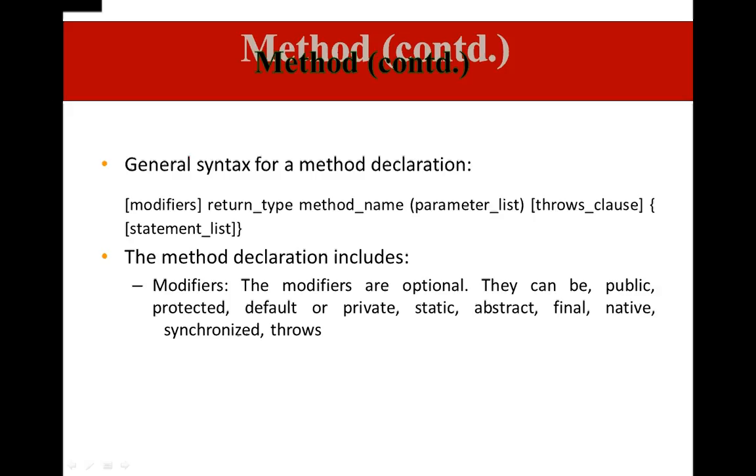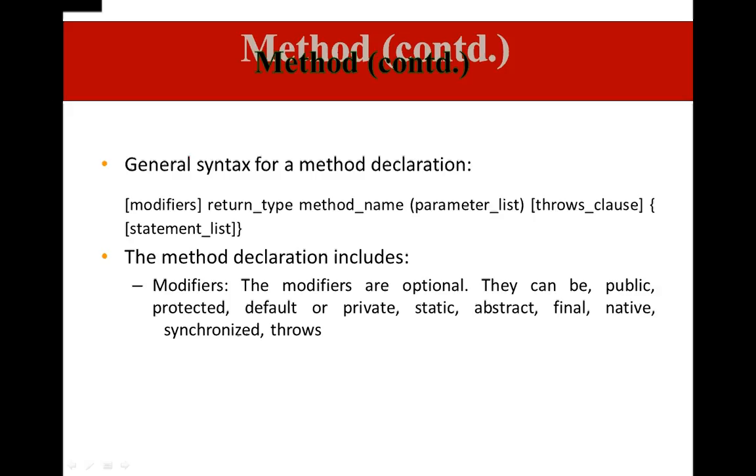Let's see how we define the method with the help of the return type as well as the method name with the parameters list. These will be discussed in detail in future classes. The return type is mandatory. It could be void or any other value.